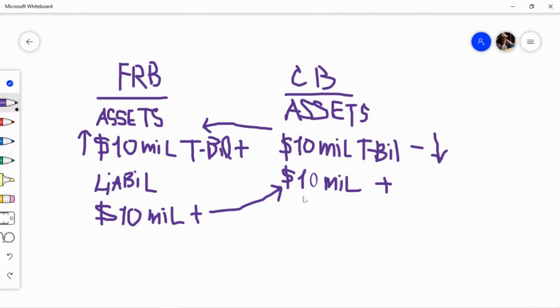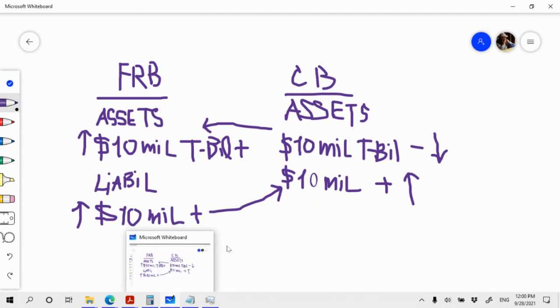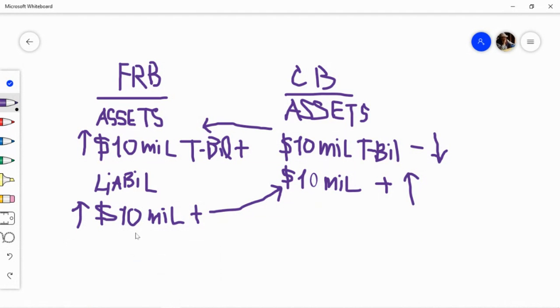But their asset side will have an increase of 10 million in reserve, in other words, cash in reserve in dollars, because the Federal Reserve now has a liability of $10 million. Their liability side increases by 10 million. That's their accounts payable.